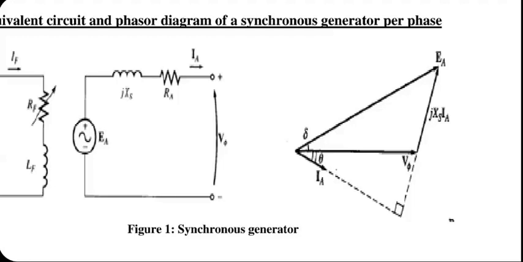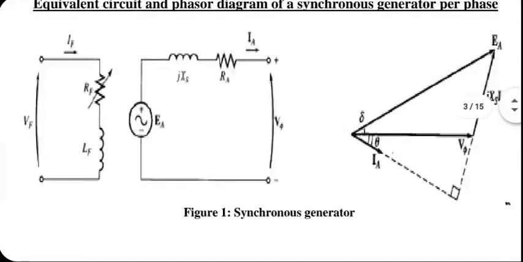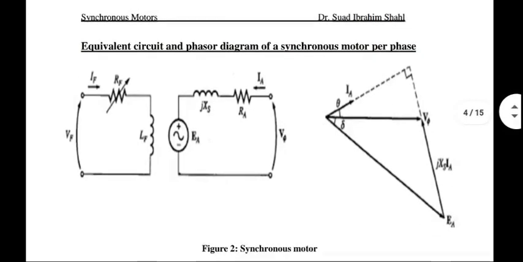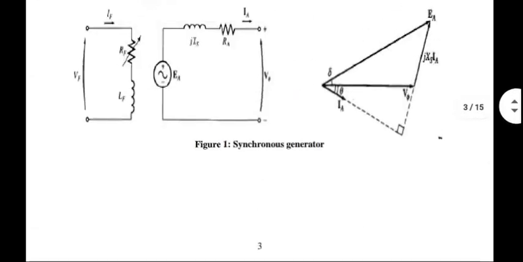The phase angle between VT and EA is the load angle, delta. That's for sure. Here they are showing a variable field control, which can help in changing the speed of the motor, I suppose. But the equivalent circuit essentially is the same as we saw previously.